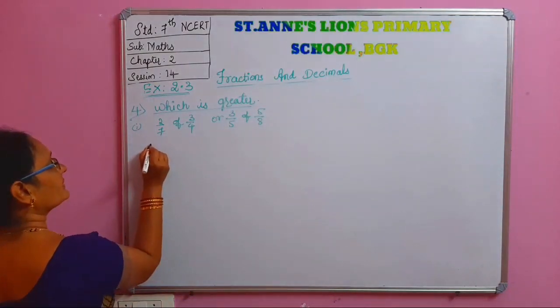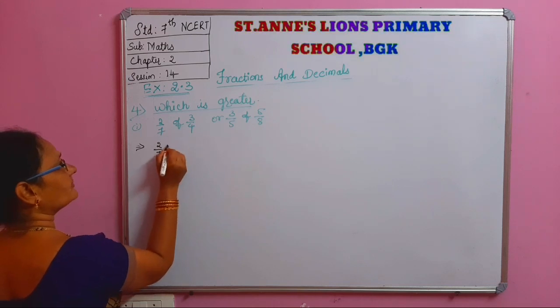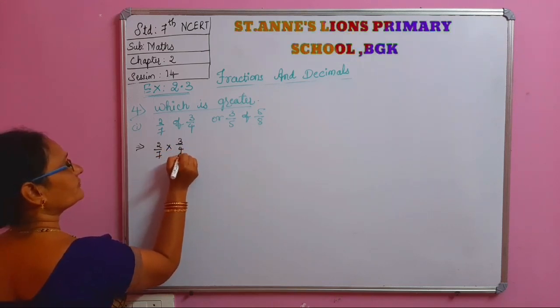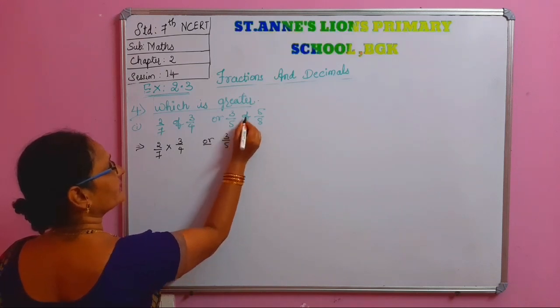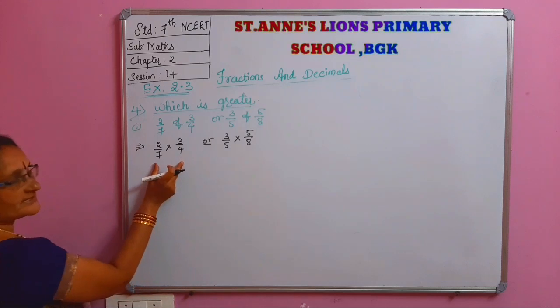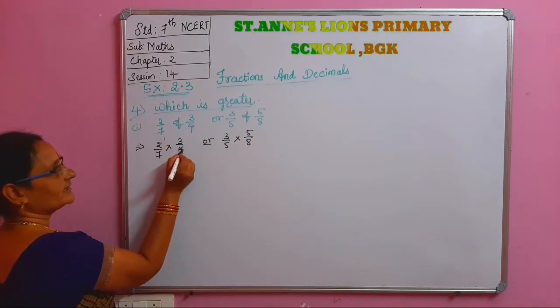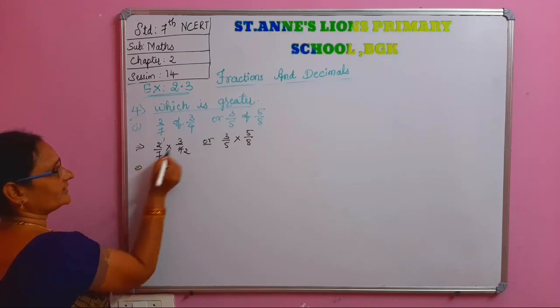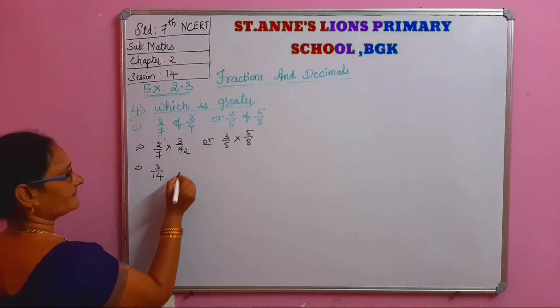See now, this implies that 2 by 7 of 3 by 4, or 3 by 5 of 5 by 8. See now, this is one set, this is one set. Here cancellation is possible. 2 1s are 2, 2 2s are 4. After that 3 1s are 3, 7 2s are 14.